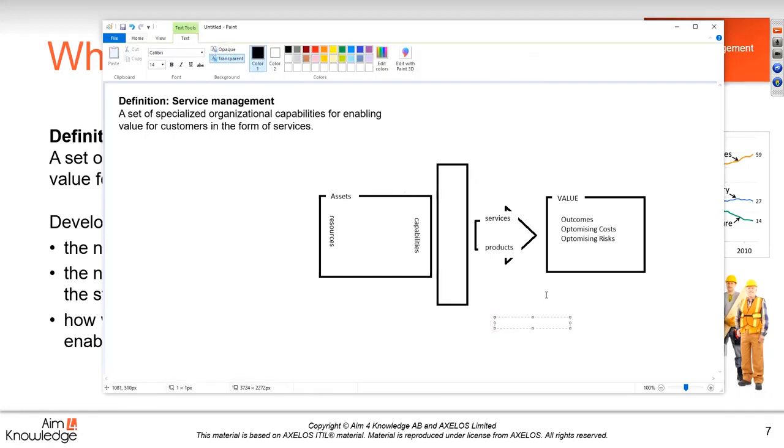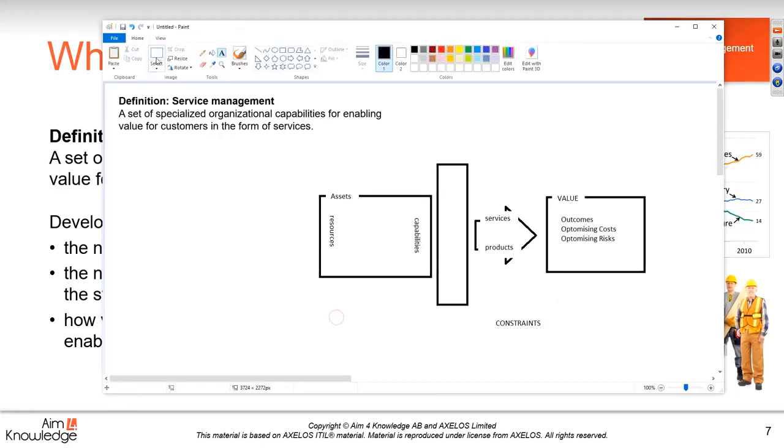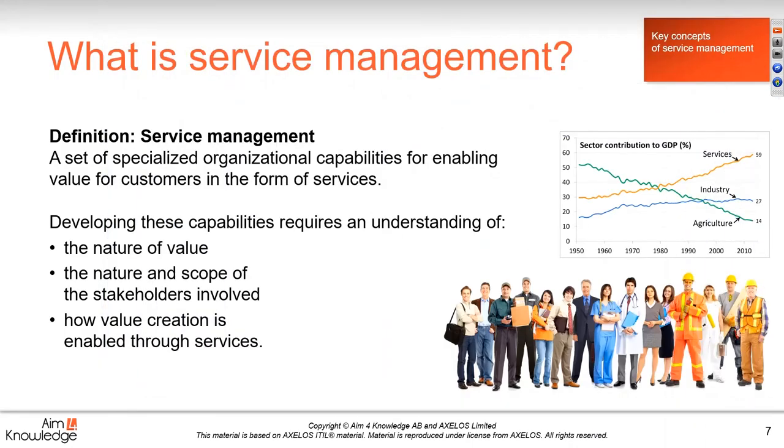These things are called constraints. Examples of constraints might be a schedule, where there just isn't enough time to deliver and produce these products and services. Another constraint might be a financial constraint, where we just don't have sufficient funding, or it's just not currently included in our budgets.